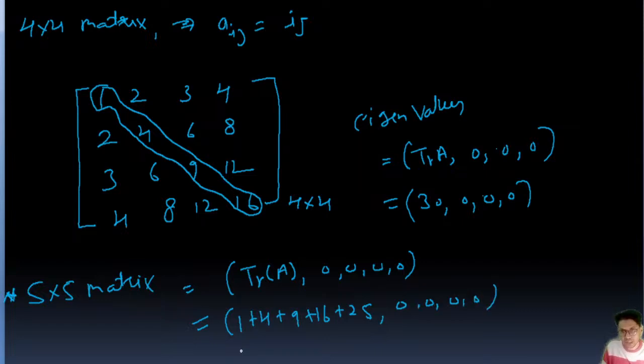We can see here 1 squared, 2 squared, 3 squared, 4 squared, 5 squared. In a similar way, for 5 cross 5, it is 55 and 0 four times.